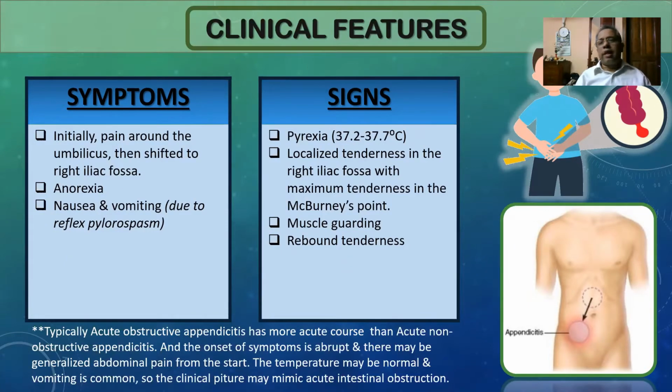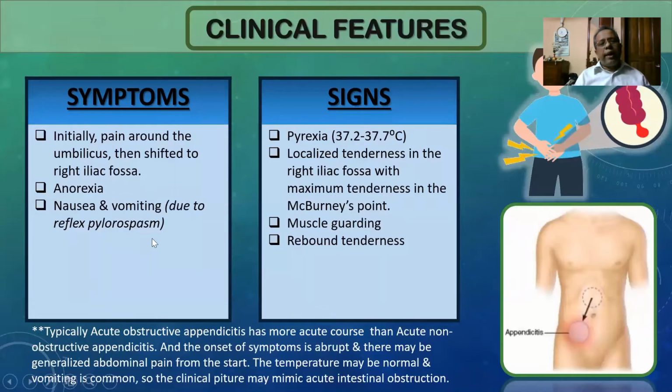Initially, the pain is around the umbilicus. The patient presents to you saying, I feel pain around the umbilicus or sometimes in the epigastrium, and then it gradually shifts to the right lower abdomen. So initially pain around the umbilicus, then shifted to the right iliac fossa. Another one is anorexia, and there is nausea and vomiting.